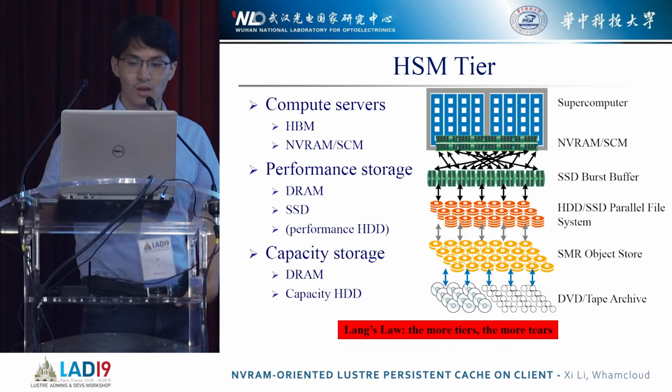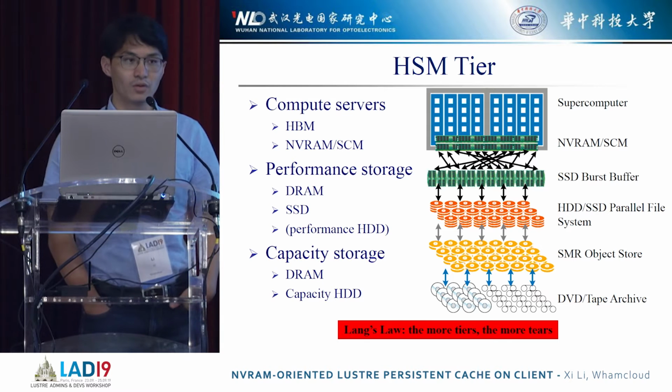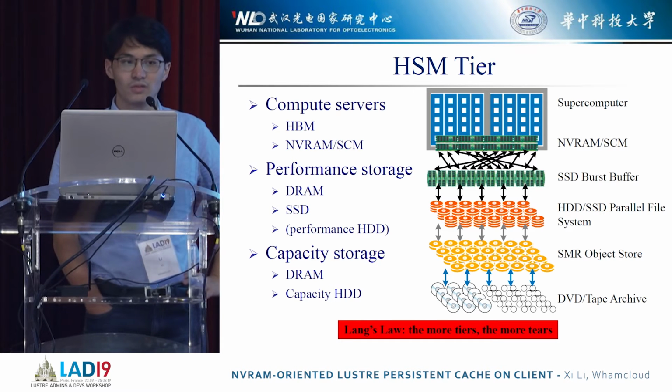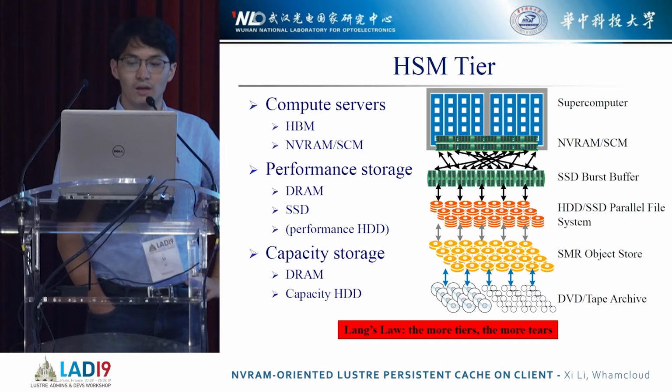storage system. If we look into the HPC centers, we will see different tiers at different levels. For example, on the compute nodes, we will see NVRAM as the storage type, and we will see a lot of HPC centers use forwarding nodes between the compute nodes and the parallel file system.